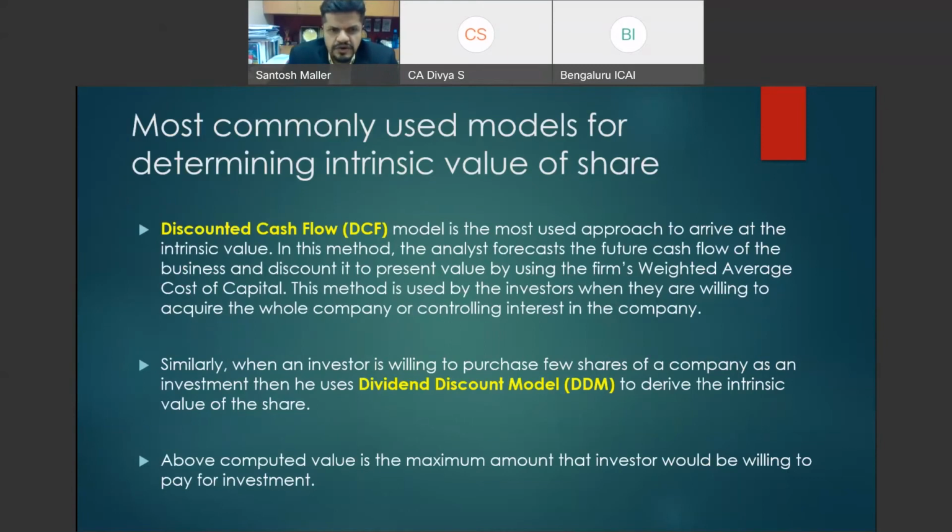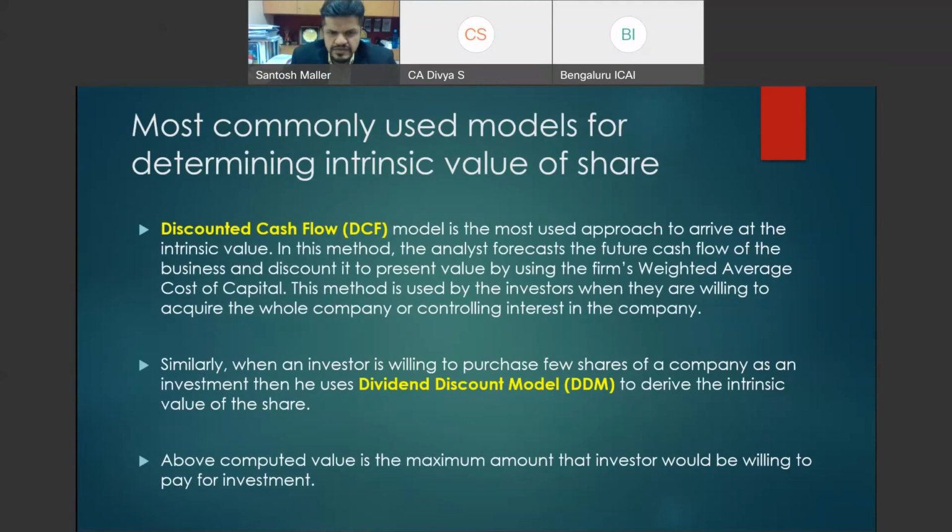The most commonly used model for determining the intrinsic value of shares is DCF, the discounted cash flow model. In this method, the analyst forecasts the future cash flows of the business and discounts them to the present value by using the firm's weighted average cost of capital.